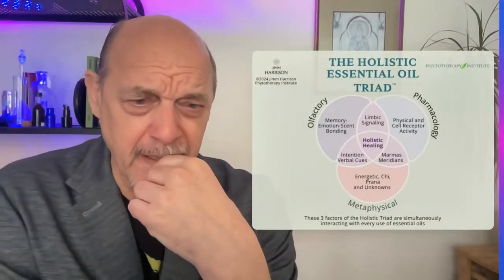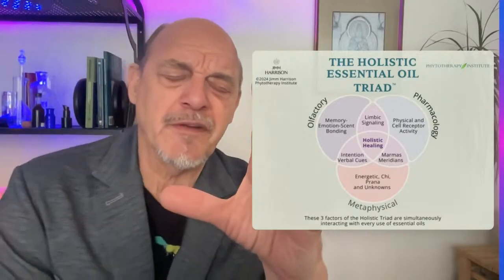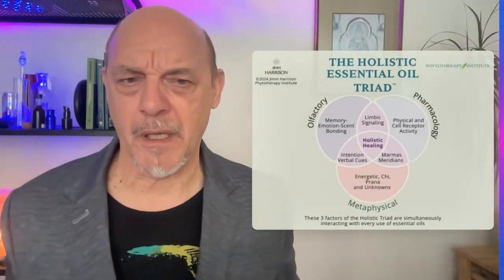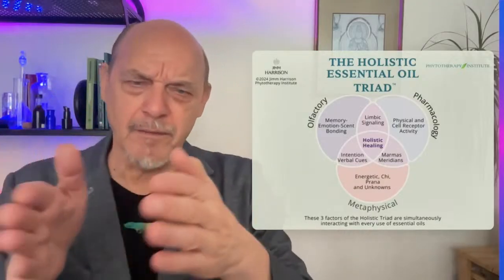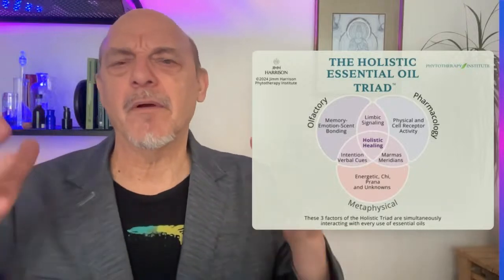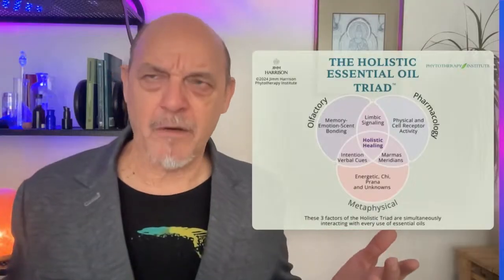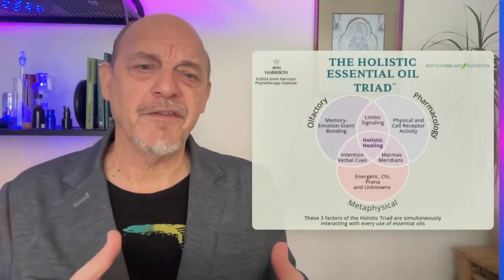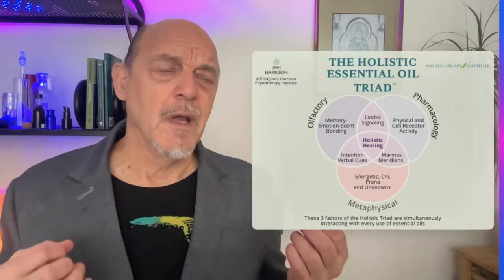Okay, here's my essential oil triad diagram. I wanted to put this together to give a visual understanding of what's going on when you use an essential oil. Again, people get into a lane, into a category. If you're working with emotions, people go olfactory: you want to smell it, you want to inhale it. That's primarily true, but not always. There can be emotional responses when you use the oil and it responds to cell receptors.